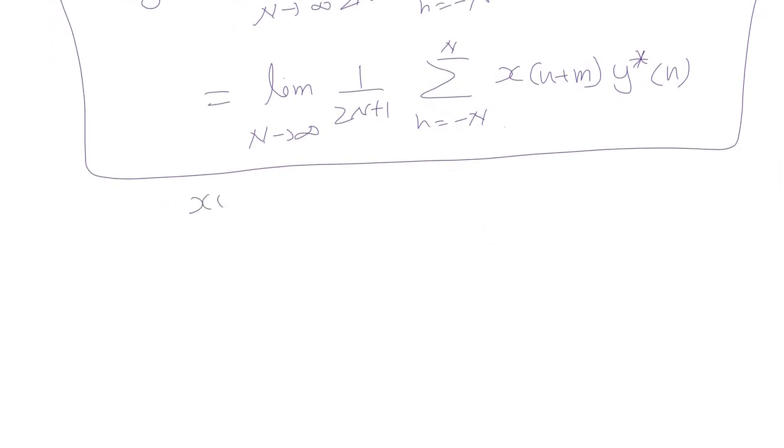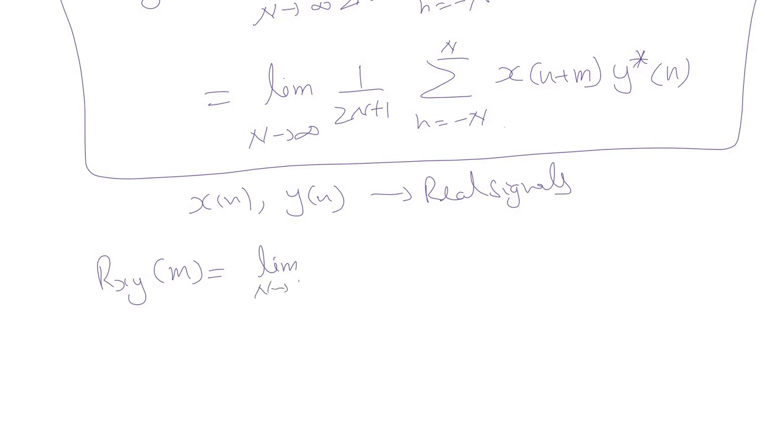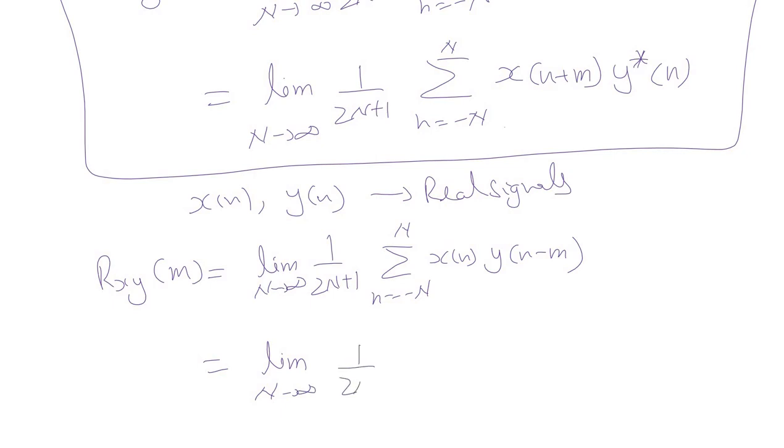And again, if x[n] and y[n] are real signals, then we can write the cross correlation function as limit N tending towards infinity of 1 upon 2N plus 1 summation minus N to N of x[n] into y[n minus m], and it can alternatively be written as limit N tending towards infinity of 1 upon 2N plus 1 summation minus N to N of x[n plus m] and y[n].